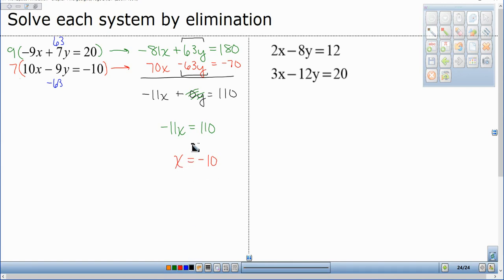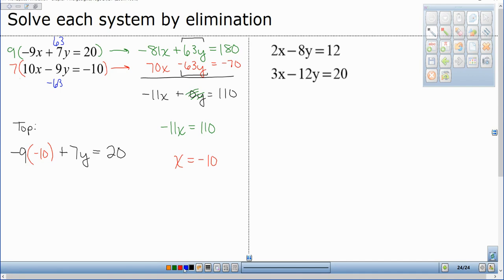Once again, once you find one of those, go to the equation that you think looks more simple to work with. And they're about the same. I'm going to go with the top one this time. And it's going to say negative 9 times my x value, which is negative 10, plus 7y equals 20.